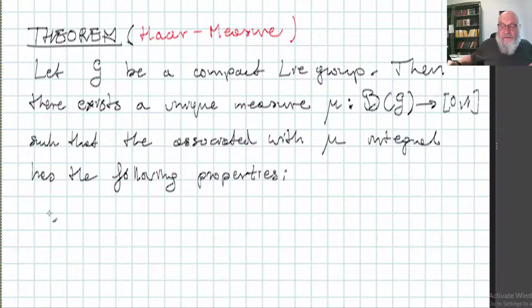The first two are the usual linearity property.